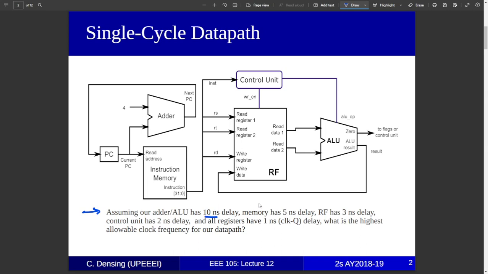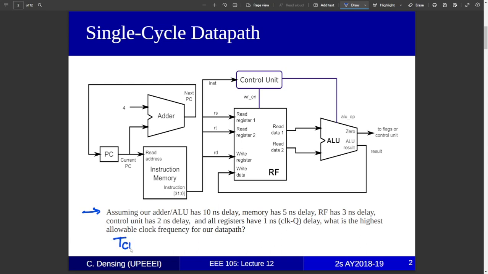Following what we have below, if we have 10 nanoseconds of delay for the ALU, 5 nanoseconds for the memory, 3 nanoseconds for the register file, 2 nanoseconds for the control unit, and all registers have 1 nanosecond of delay, what is the highest allowable clock frequency for our data path?